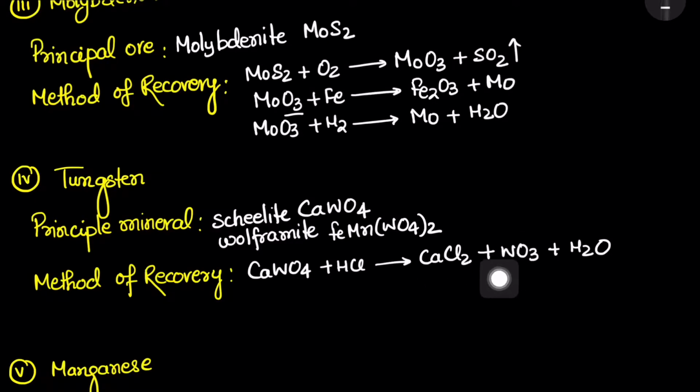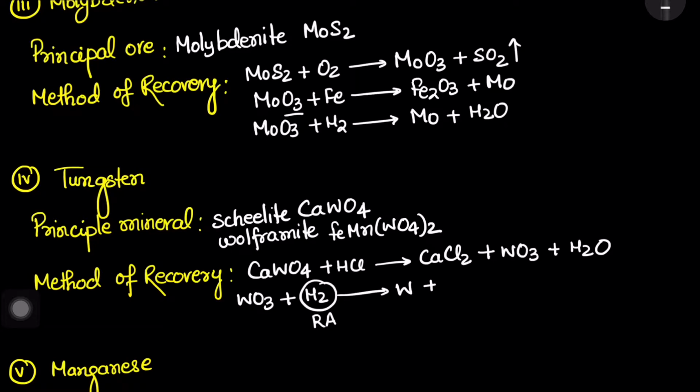Now once you got tungsten trioxide, that is WO3, we simply reduce it by using hydrogen. Hydrogen is a good reducing agent. It will reduce it to tungsten metal and itself will get oxidized to water. So this is the method of recovery of tungsten from scheelite or wolframite.